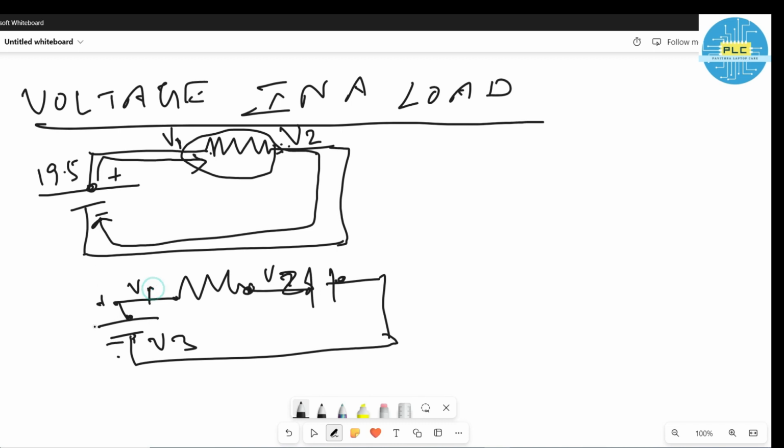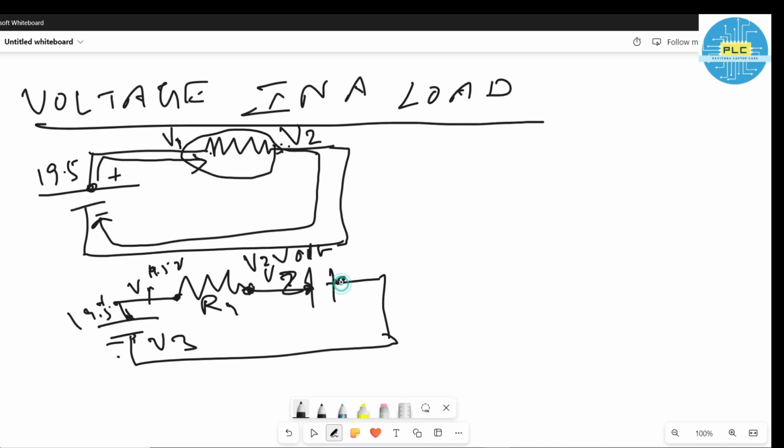See, this one is V1. What is the voltage? Here 19.5. From here to here it will be the same, 19.5 will be there. And after this resistor, R1, it depends on the resistor value. The voltage value will be changed here. V2 from here to here, this capacitor, is some V2 voltage.